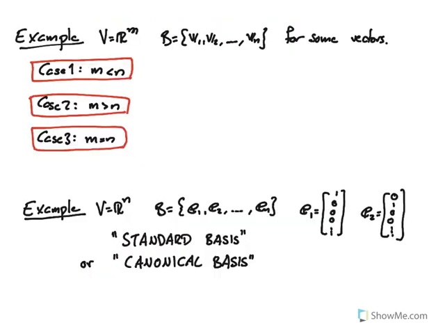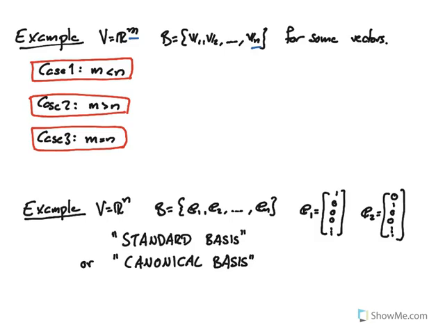Let us continue with another example. So this is a pretty general example. So suppose our underlying vector spaces are R^m, and then I have n vectors, v1, v2, up to vn.